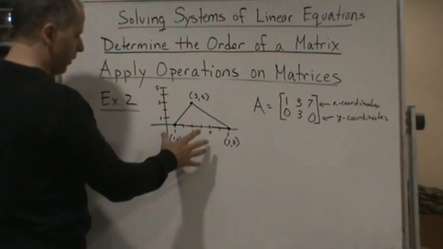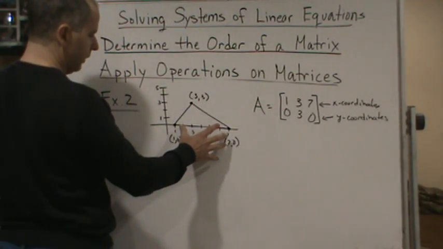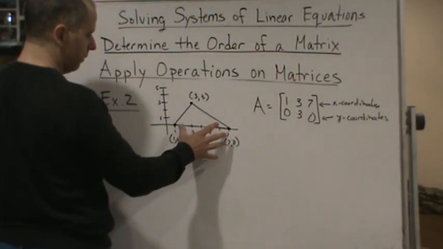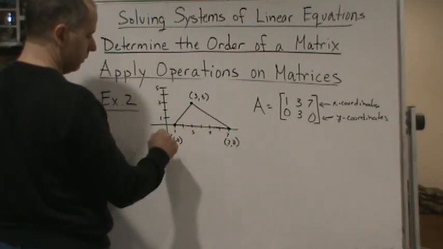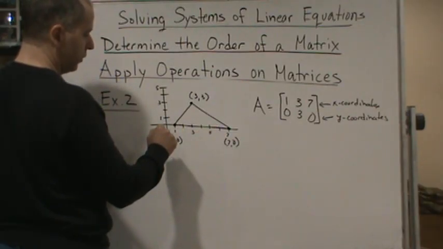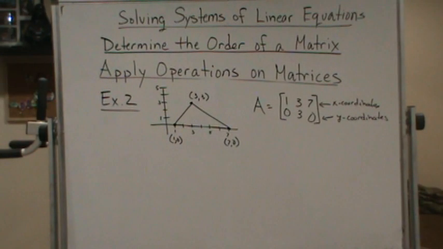So we want 3 units to the left and 2 units up.